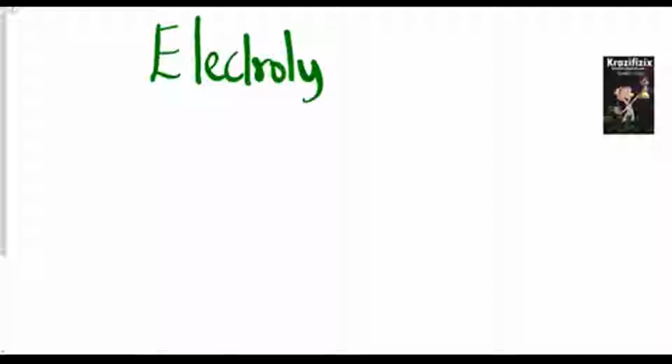But welcome to the next session on electrochemical cells. We've gone through a series of sessions dealing with galvanic. In this case, we want to deal with the electrolytic cell.